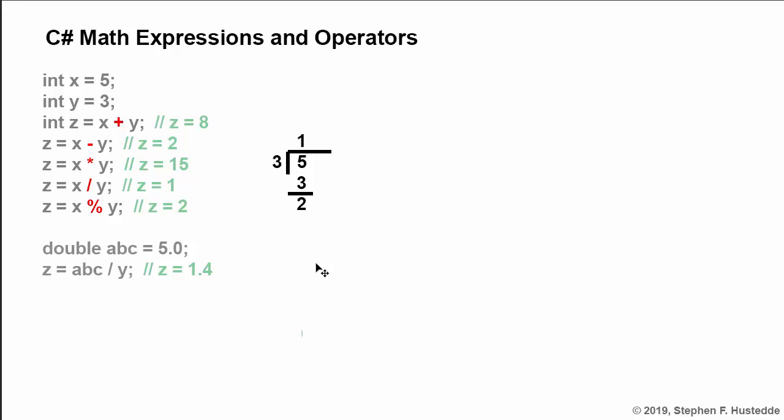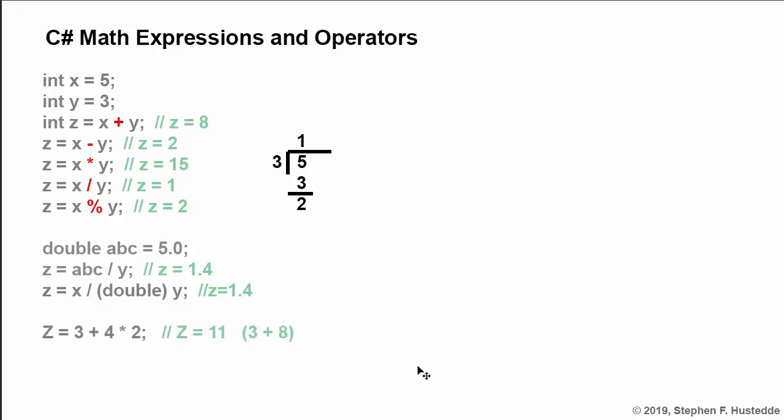It gives me the full division operation result, not just the integer or the remainder. Now we could also force an integer, or cast an integer, to be viewed as a double value. In this case, z equals x divided by the double value of y would also give us 1.4. It's going to treat y as a double value and do the full division operation.